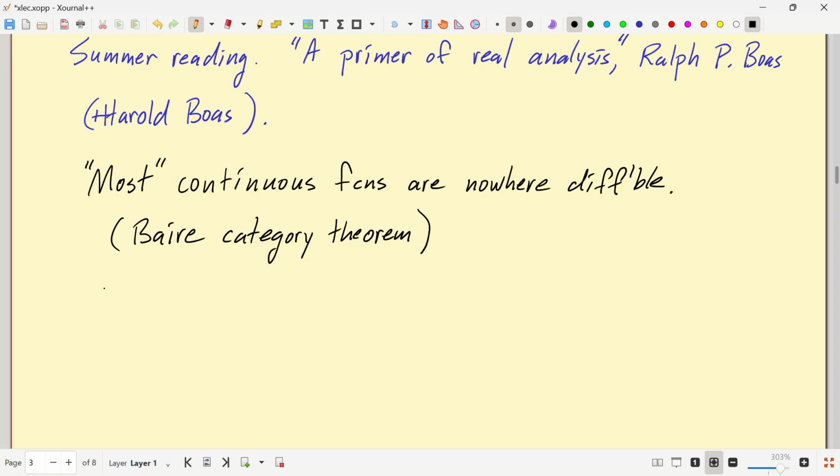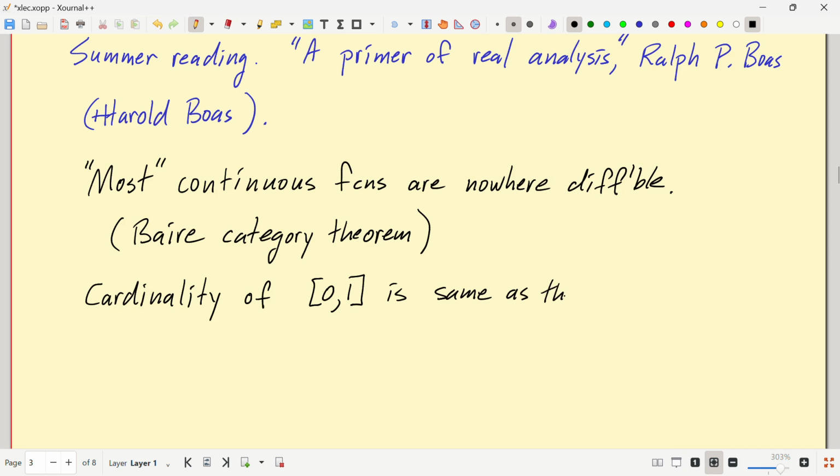So in this book, the cardinality of the interval [0,1] is the same as the cardinality of [0,1] cross [0,1]. Think of it: there are the same number of points in the interval as there are in the square.